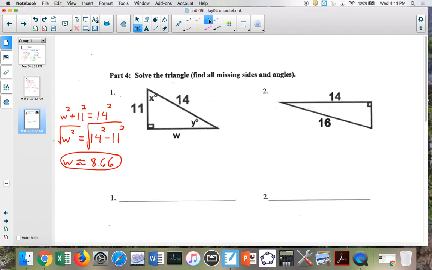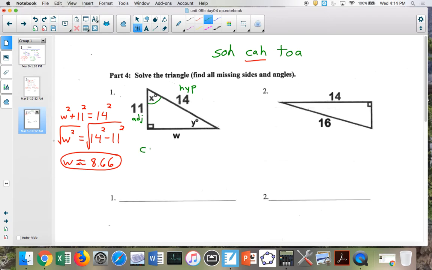Now let's figure out one of the angles. Let's do angle X. Now remember, I don't want to use my answer for W in case I made a mistake. So let me use the 11 and the 14. 14 is your hypotenuse, and 11 is your adjacent leg. So adjacent and hypotenuse. That would be the cosine function.